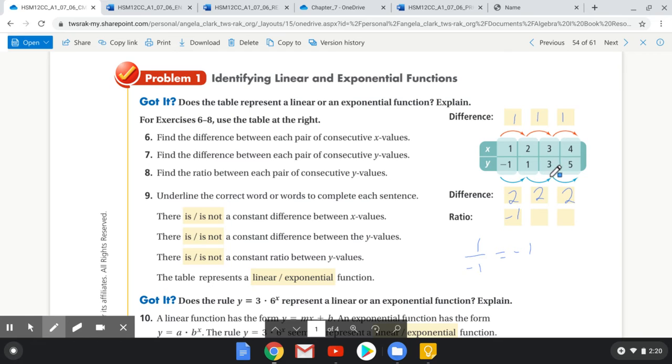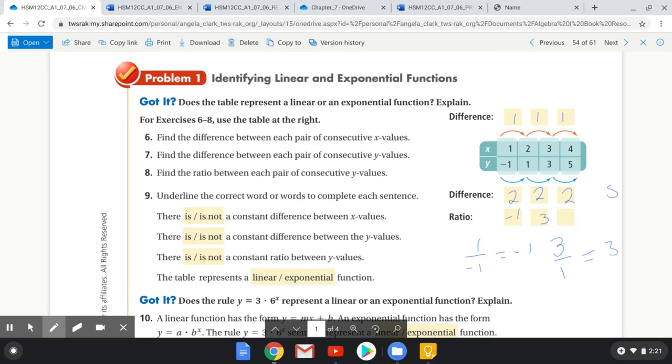And then I'm going to do that again for this pair. So 3 divided by 1 is 3. So if I multiply 1 times 3, I get 3. And then I'm going to do 5 divided by 3.